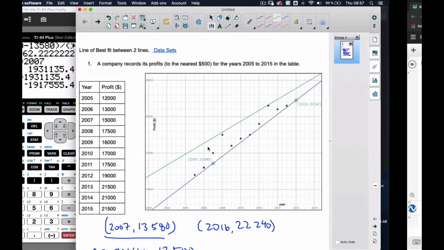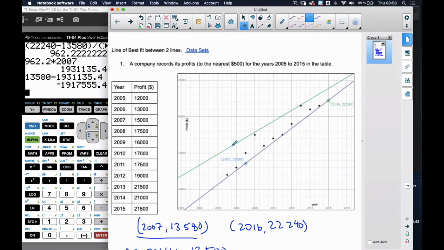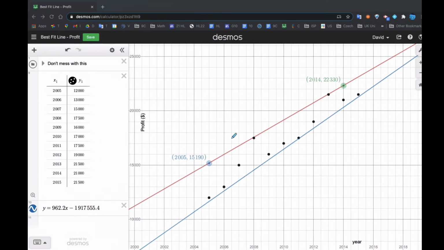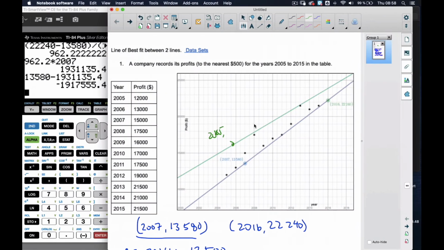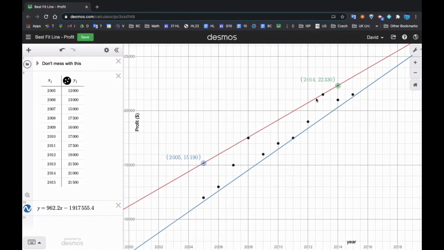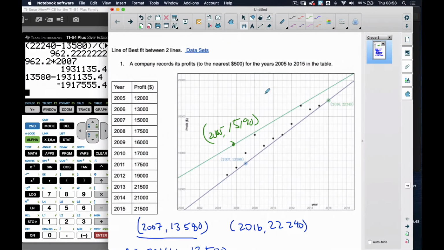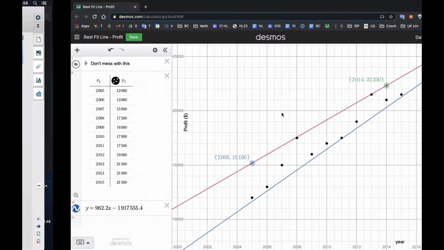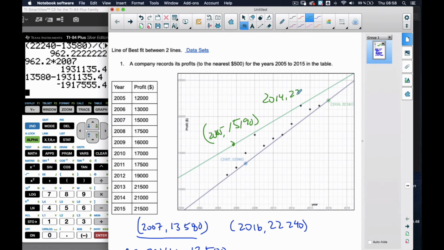Somewhere here is going to be 2005, 15190, and the other point is 2014, 22330.